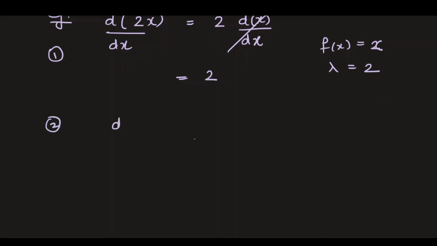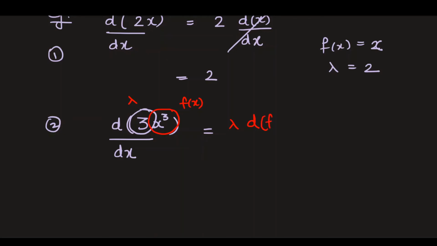Let's say the second example is d of 3x cube upon dx. So in this case, lambda is 3 and x cube is f(x). It can be written as lambda into d of f(x) upon dx, which is equal to 3 into d of x cube upon dx.